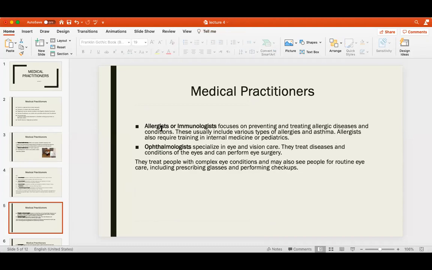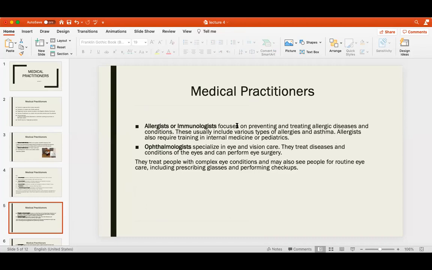We have, for example, allergist. Allergist or immunologist comes from what? Allergy and immune, like the immune system.